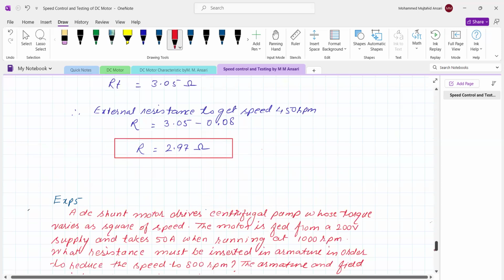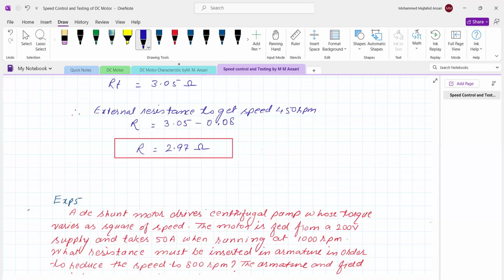So this is the first. Now second example: a DC shunt motor drives a centrifugal pump whose torque varies as the square of speed. The motor is fed from a 200 volt supply and takes 50 ampere when running at 1000 rpm.